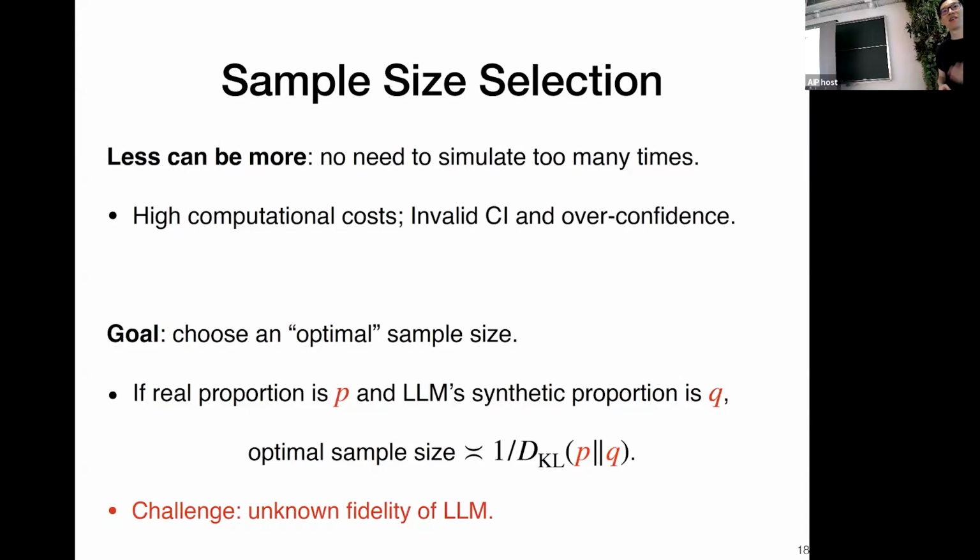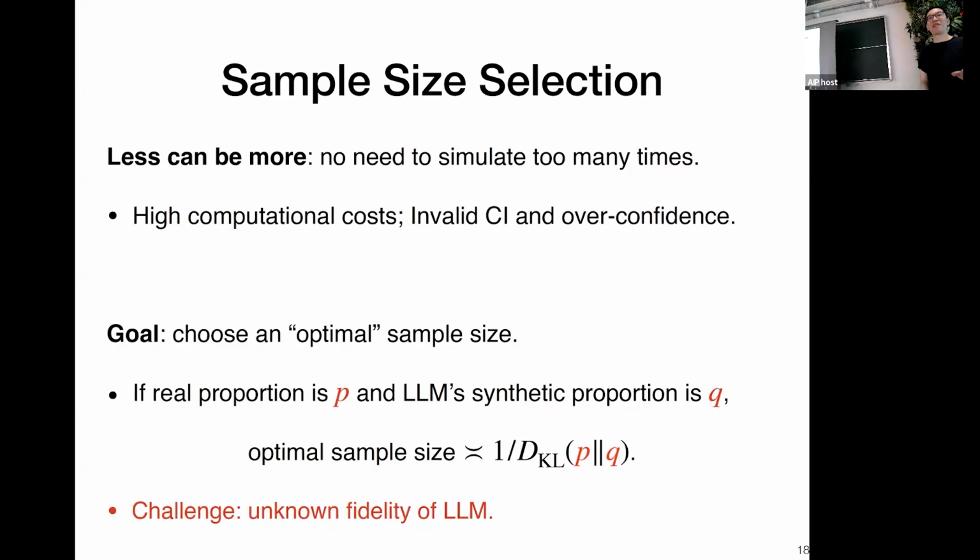Yes, sorry. Maybe I should ask why more samples is not that good. With more samples, we have a better estimation of Q. That's right, you have a better estimation of Q, but Q is different from P. You want to distinguish the two distributions.